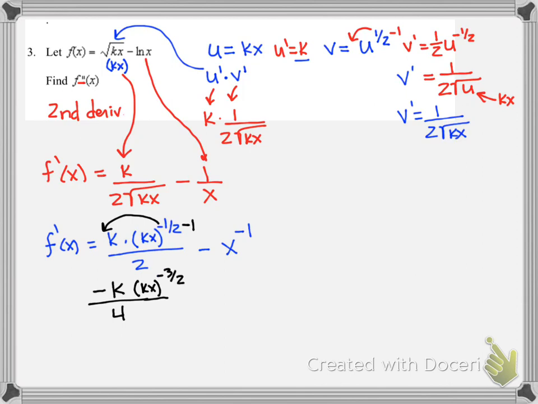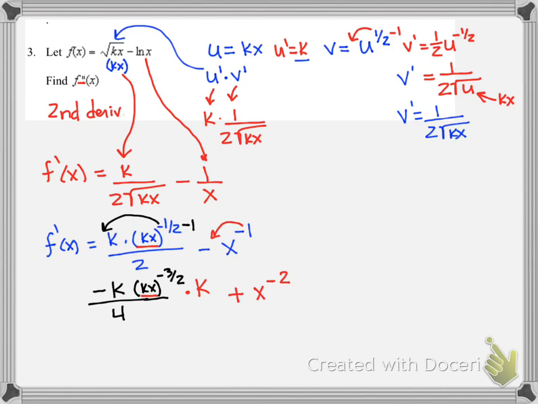And we do have an inner function here. So we're going to also multiply times k, because the derivative of this inner is k. Minus, well, we're going to bring this down. Negative and a negative make a positive, x to the negative 2 power.